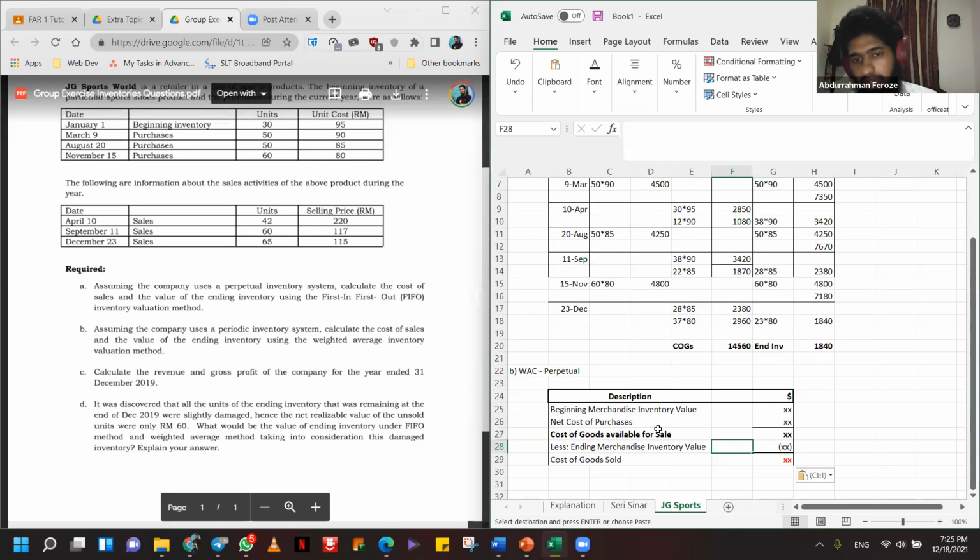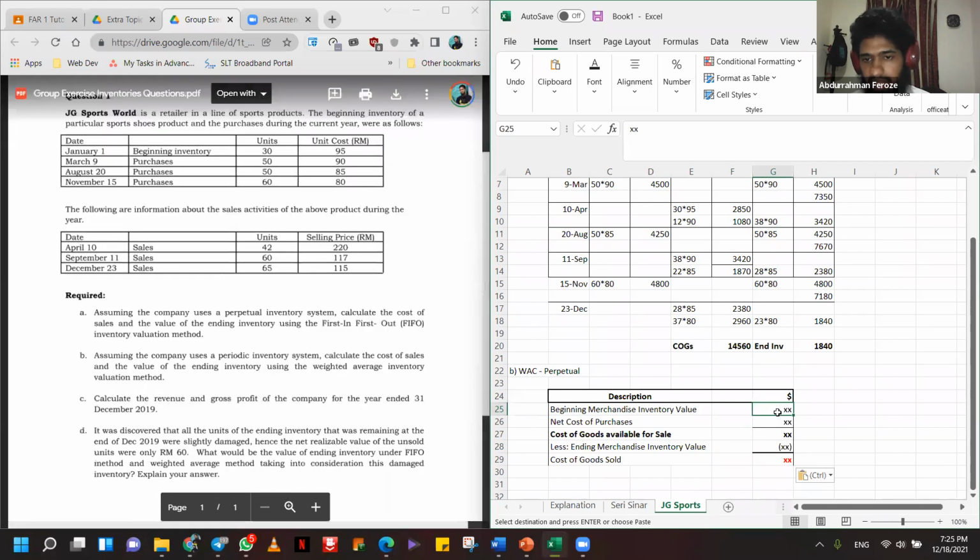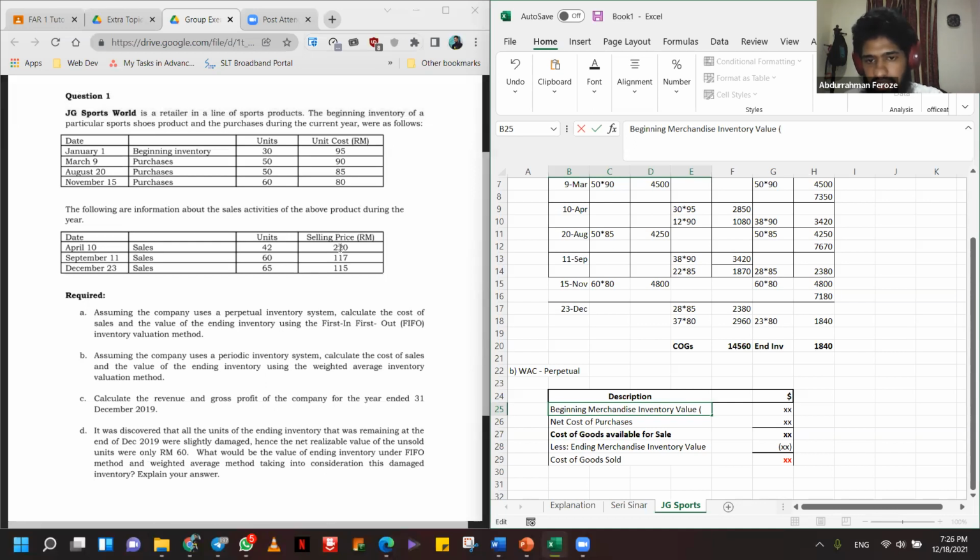All right. So first we have to look at the beginning inventory value. What is the beginning inventory value for this question? It's right here, right? What is the beginning inventory value on January 1st?